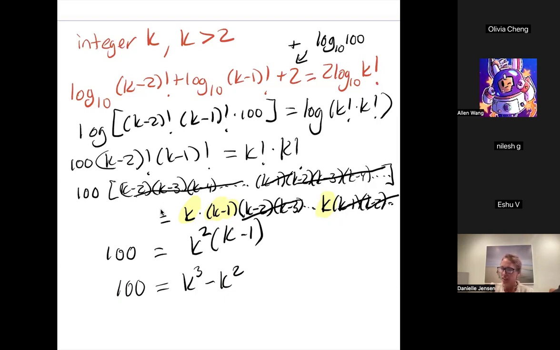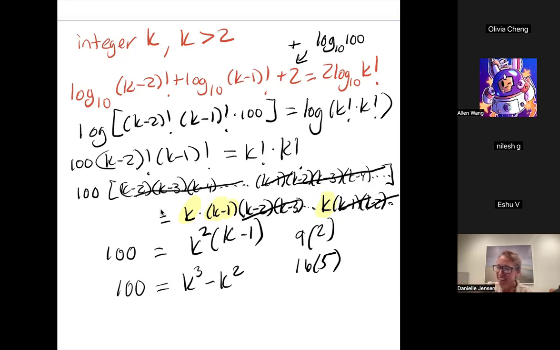I knew k was greater than 2, so I tried 3, and 3 would be 9 times 2. That doesn't work, right? Then I tried 4, 16 times 3, 48. Guys, my brain is shot.